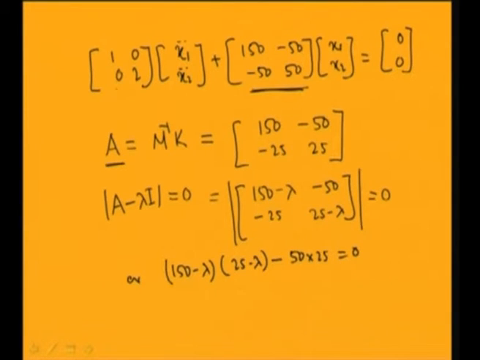From this, 150 into 25 plus lambda square minus 175 lambda minus 50 into 25 equals 0. So your equation is reduced to lambda square minus 175 lambda plus, 150 minus 50 is 100, so 2500 equals 0.